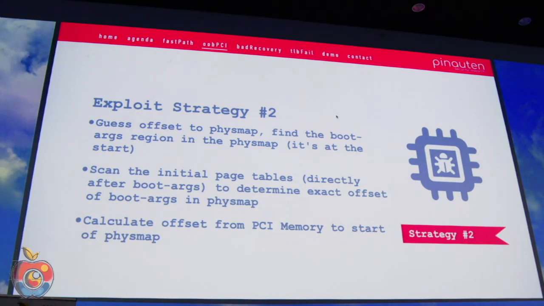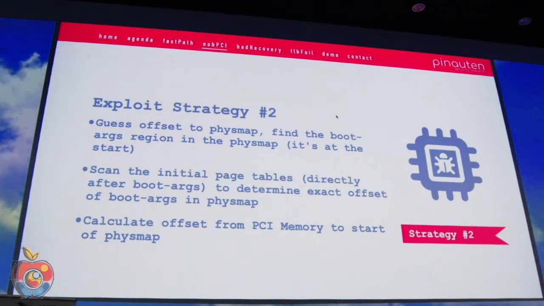What we can then do is scan the initial page tables, which will be located directly after the boot args. Using these page tables, we can find out exactly where we are within the physmap. So we can determine the offset between the start of the physmap and where we are currently reading. Once we have that, we can calculate the distance between our PCI memory and the start of the physmap.